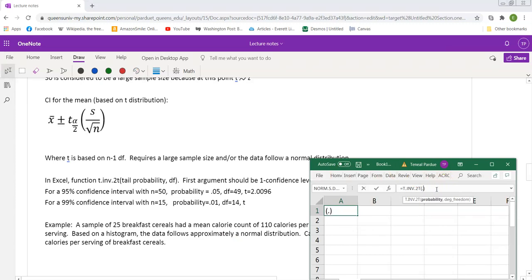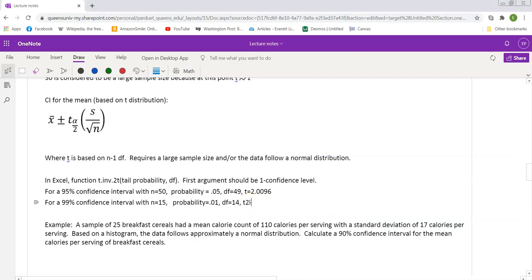And so probability 0.01, degrees of freedom 14, this gives us 2.9768. All right, so that's how you find those values of T.